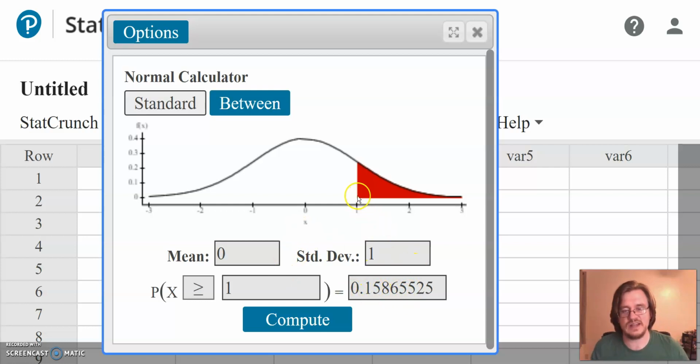When we do this, we see that this area is going to be 0.158. So about 15 or 16% of the area is over here in this little triangle shape. So it means the probability that we get a value of x that's bigger than 1 is 0.158.